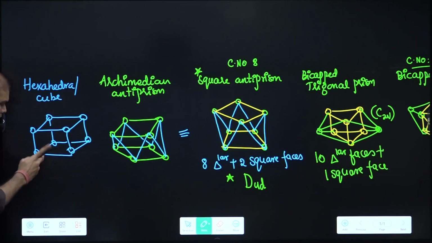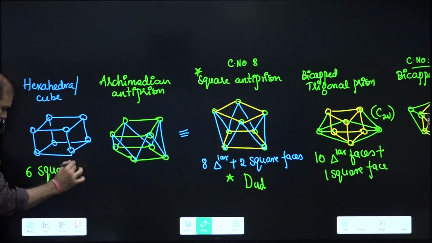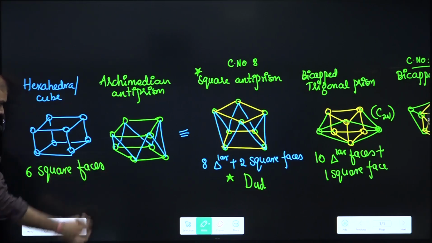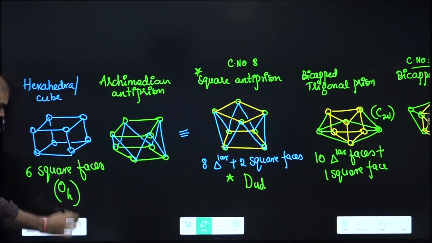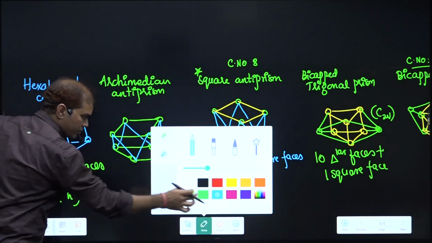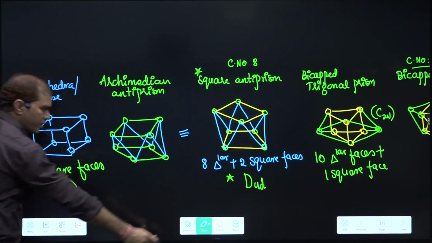Next one is hexahedra or cube. Six square faces. Point group is OH.